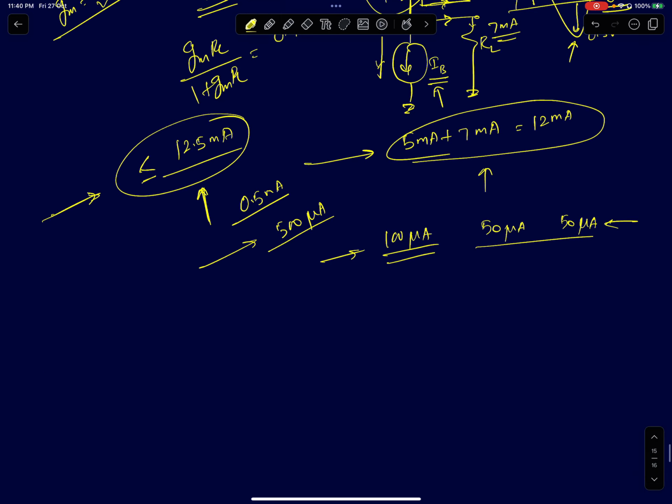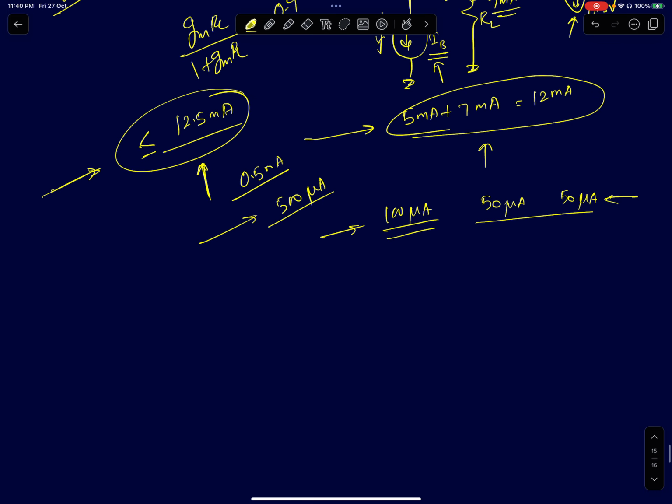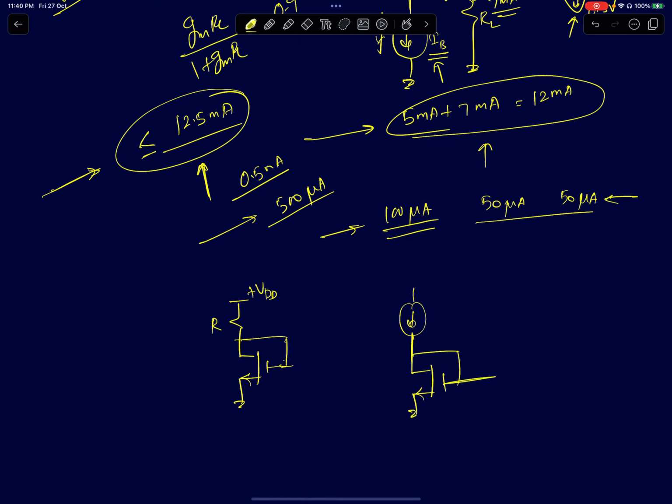Okay. Now finally, coming to the biasing arm design. I'll discuss one small circuit before I go to the board. How do we normally ensure that the devices are carrying the right currents? The simplest biasing scheme can look like this.